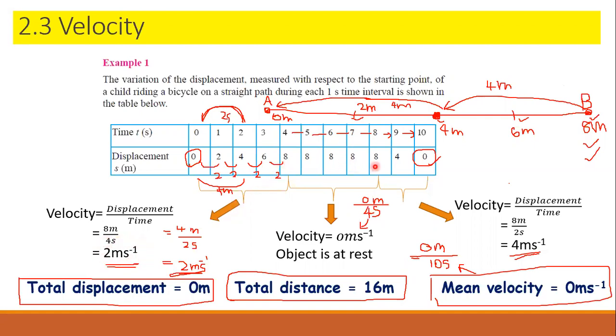Then what happened to him within the next 4 seconds? Object is at rest. Yes. And then he starts the journey coming back, at 4 meters per second, constant velocity, to the starting point. So his total displacement is 0 and total distance is 16 meters. Good. You tried it well.